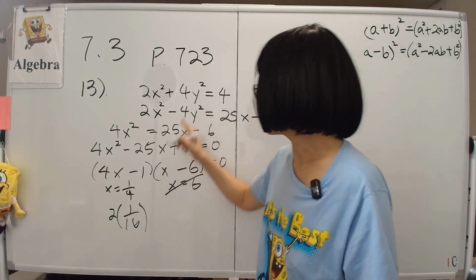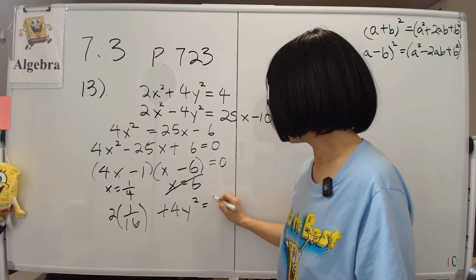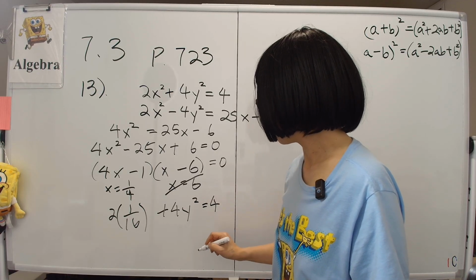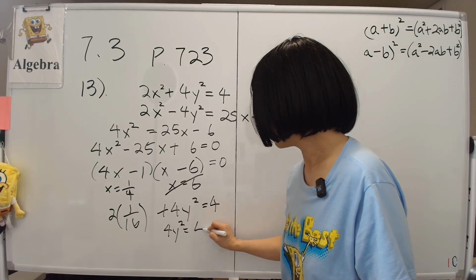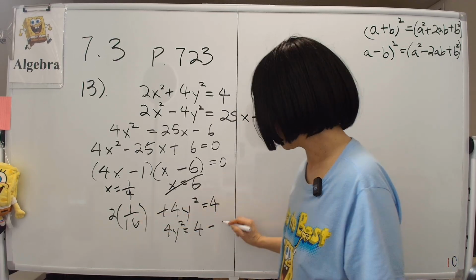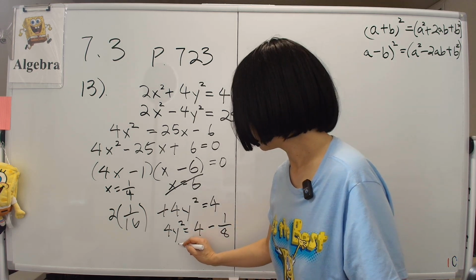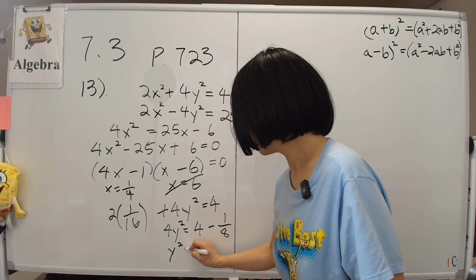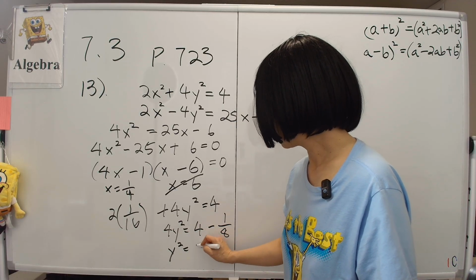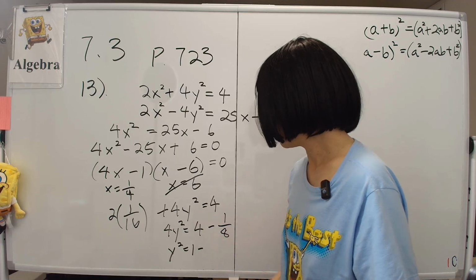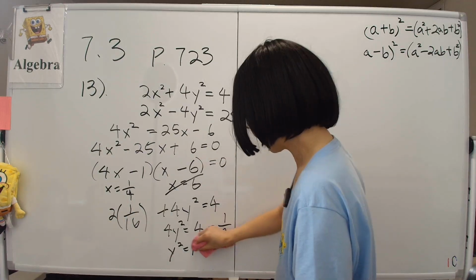So that is that plus 4y squared. That equals 4. So that will mean that 4y squared will be equal to 4 minus 1/8, and then y squared is equal to this whole thing divided by 4, which is 1 minus, well, we'll do this on the calculator actually, instead of messing around with it.